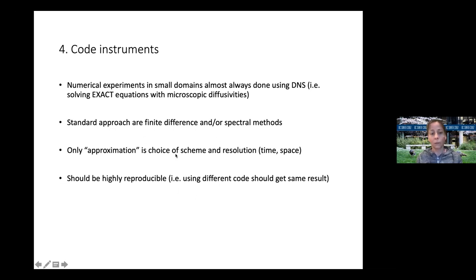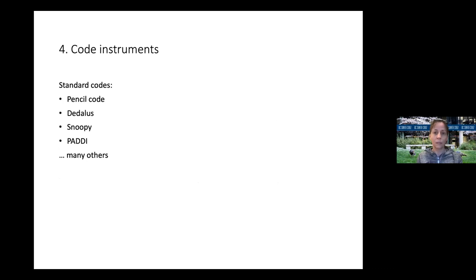The only approximation really is the choice of numerical integration scheme and resolution both in time and space. So the results have to be highly reproducible. If somebody else does the same problem with a different code, they should get exactly the same result. And the standard codes we use in the field are such, and there's many others, but Pencil Code, Dedalus, Snoopy, PADI, and these are often available.